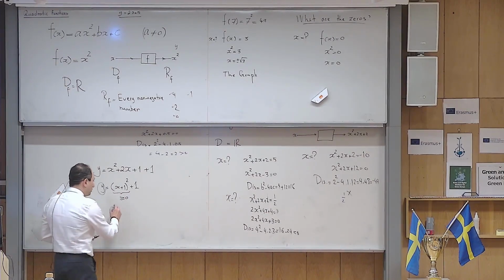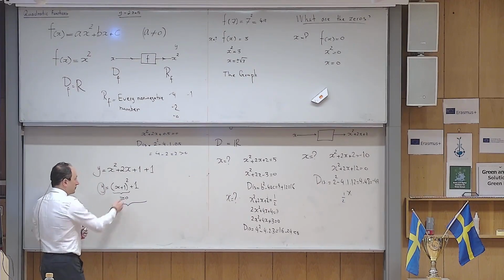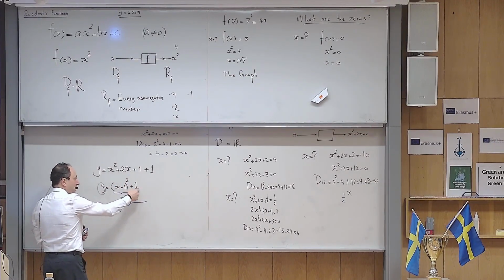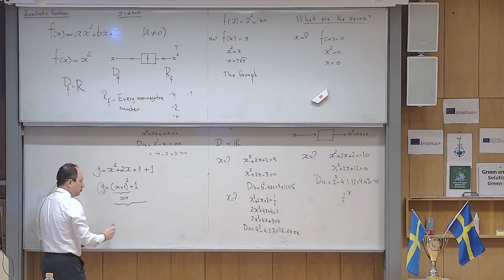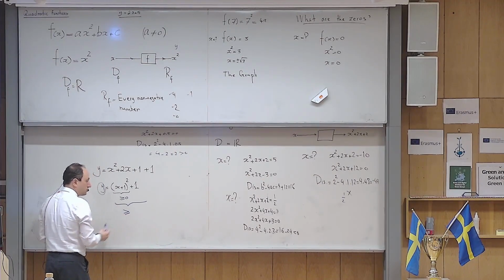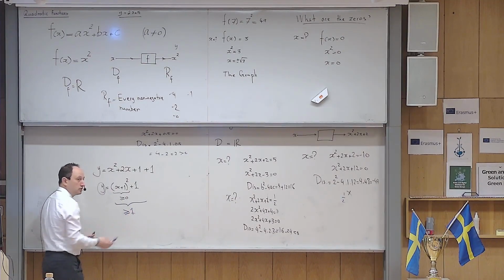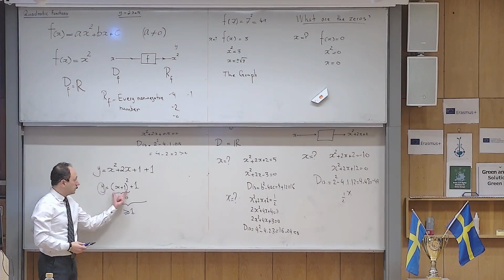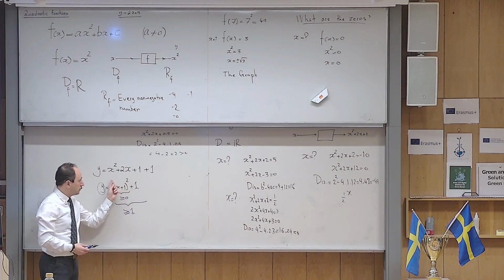Yes? And now look, what is the possible value for y? Whatever this number is, I am adding 1 to it. So can you tell me what the whole combination is? The whole combination is greater than or equal to 1. Is that right or not? This one is greater than or equal to 0, but I am adding 1 to this combination.